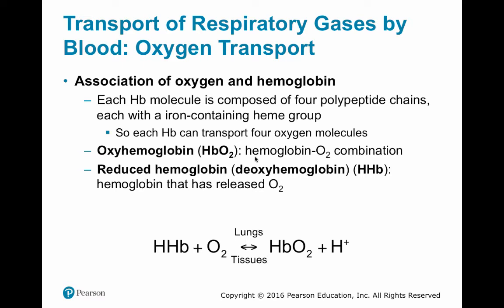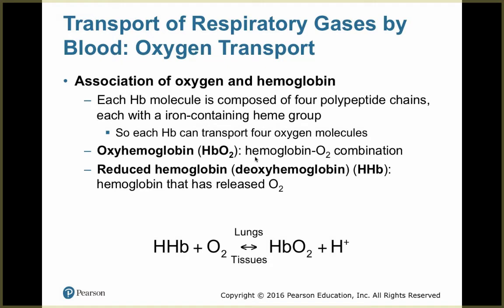So each hemoglobin can transport about 4 oxygen molecules. Oxyhemoglobin is the form when it's actually combined together and carrying oxygen. Reduced hemoglobin, or deoxyhemoglobin, is when it's actually reduced or released the O2.